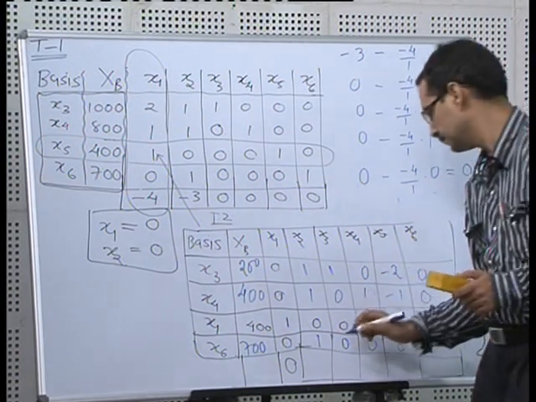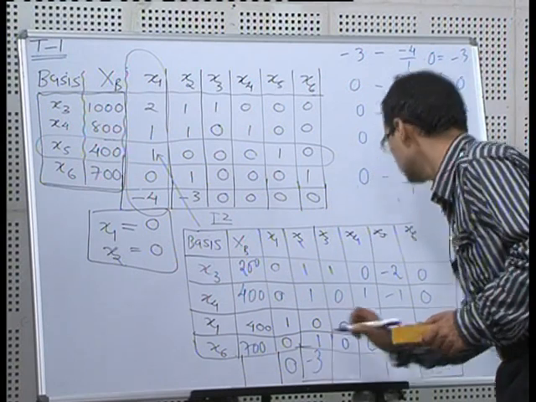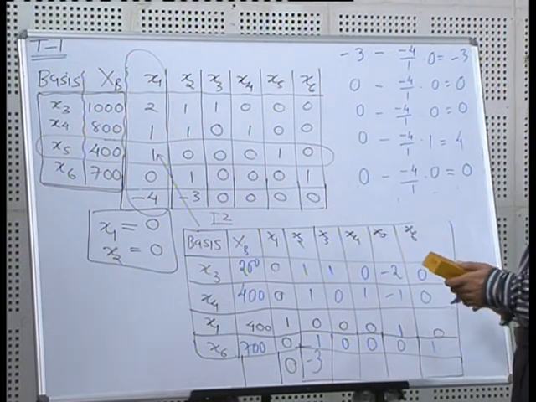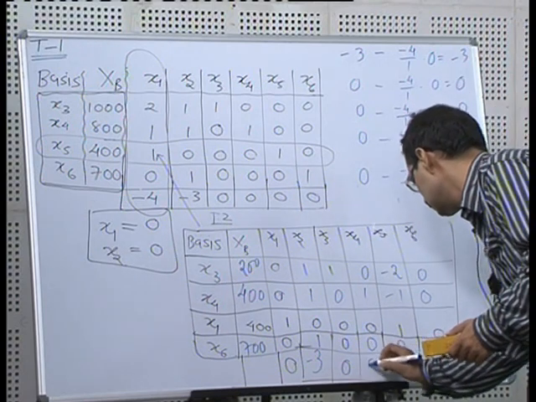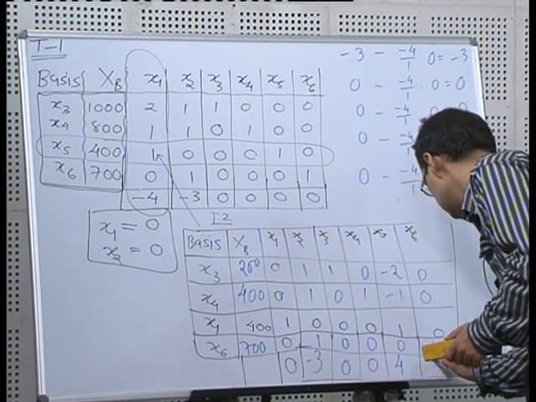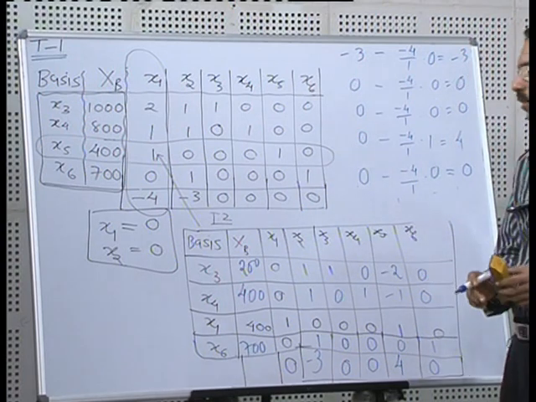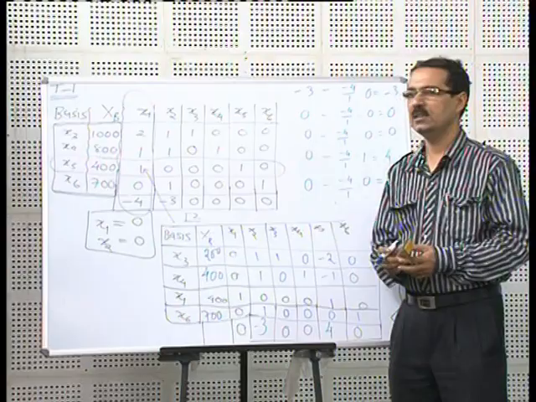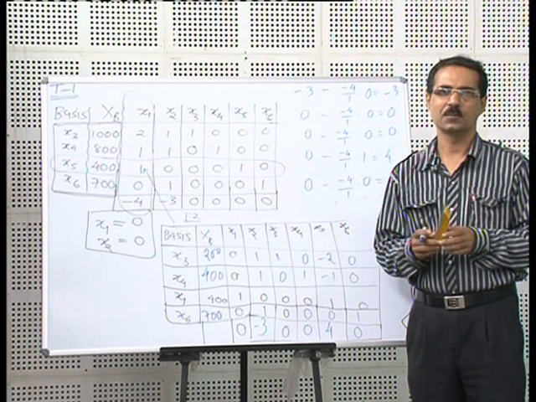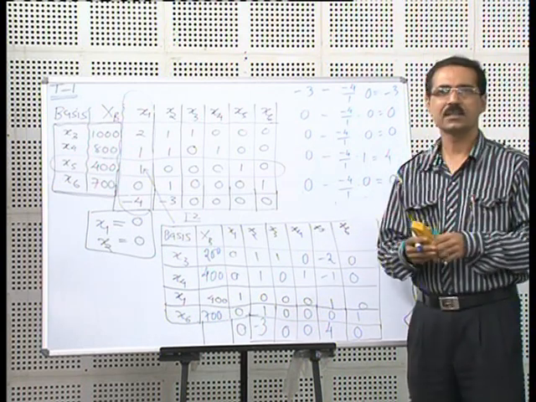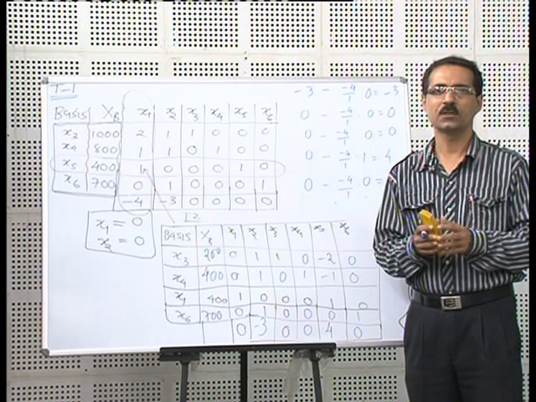So, we have minus 3, then 0 0 4 0. Okay. So, that is our table number 2. We can see that our table is ready now. The question is whether this table is good for us or not.